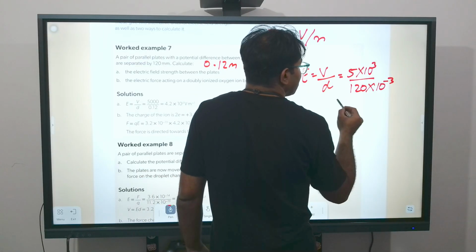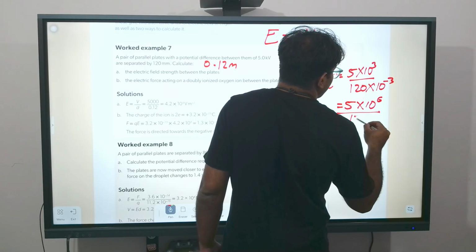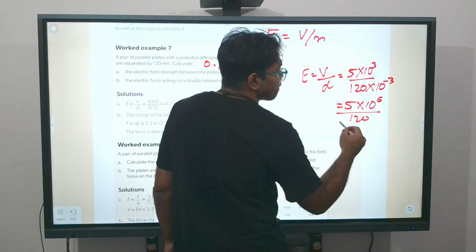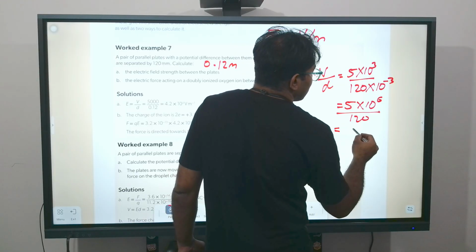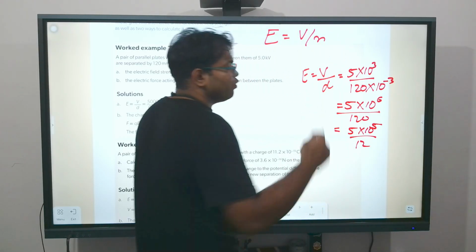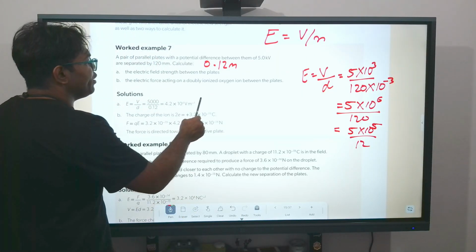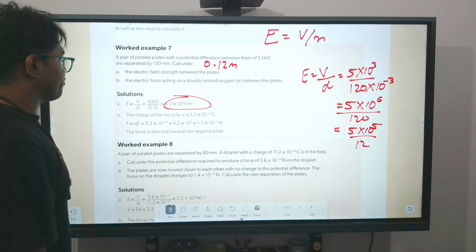If I take this minus 3 up, I will get 5 into 10 to the power of 6 upon 120. I can write this as 5 into 10 to the power of 5 upon 12. If you divide this, you will get 4.2 into 10 to the power of 4 volt per meter. Understood?